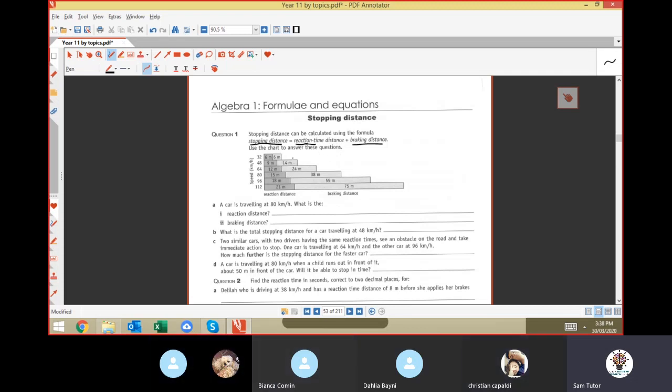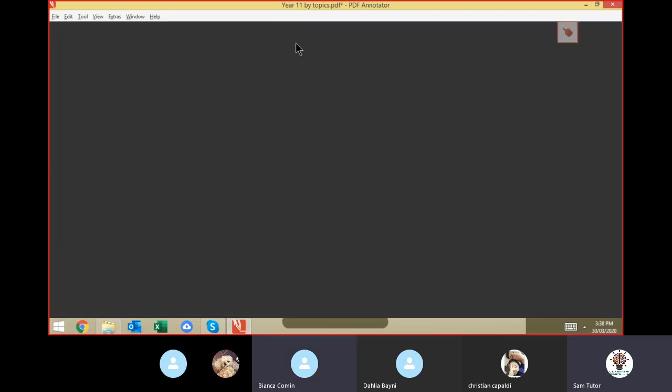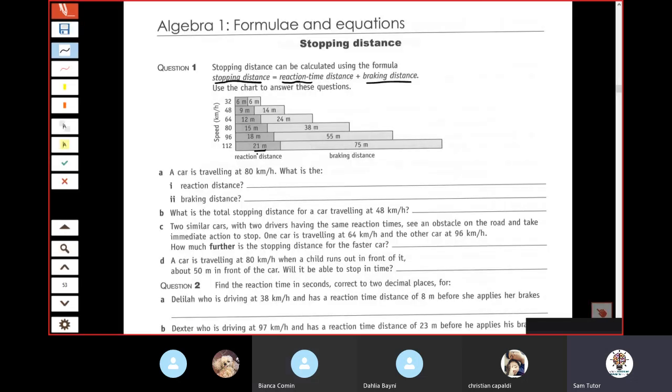So, for example, if you were traveling a lot faster, at 112 kilometers per hour, by the time you react, your car would have traveled an extra 21 meters. Let me make that a bit bigger. We can still all see that, right?